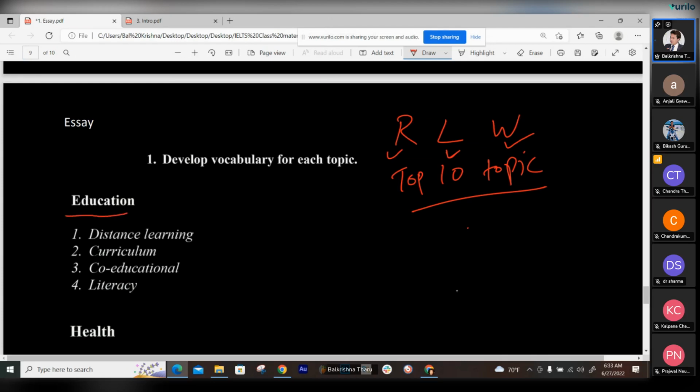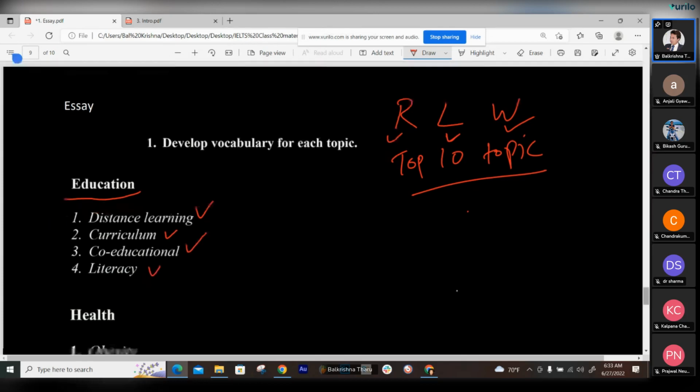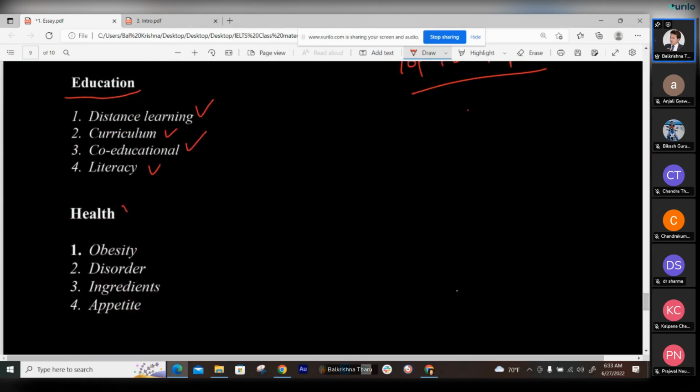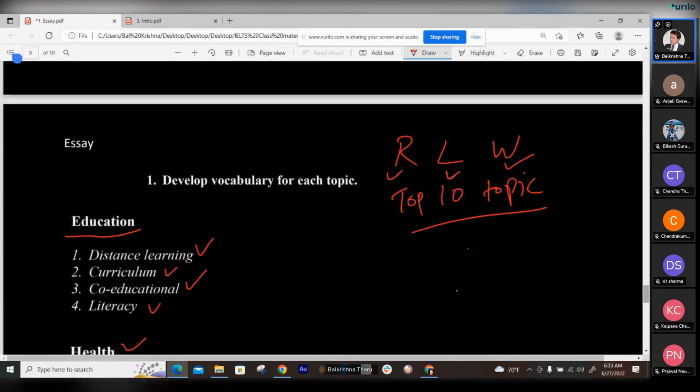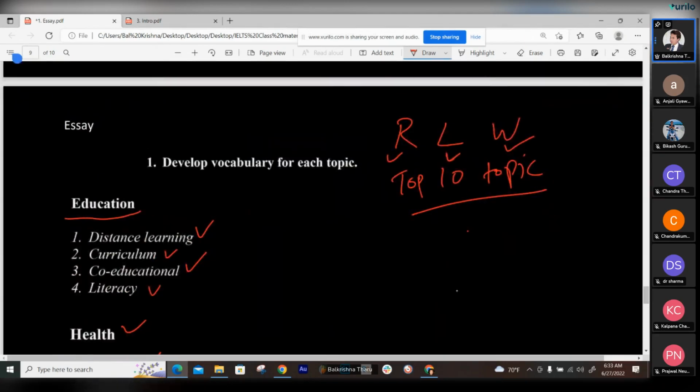Like for education, words like distance learning, curriculum, co-educational, literacy. Like health, obesity, disorder, ingredients, appetite. So you need to start making a list of vocabulary as you read, listen to, or watch.